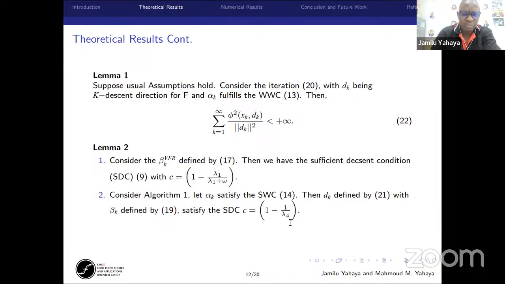But mind you that C is always positive. So if alpha is less than 1, then we may have a big number. That is why we restrict alpha to be strictly bigger than 1.